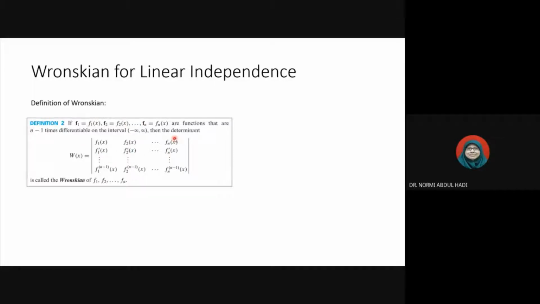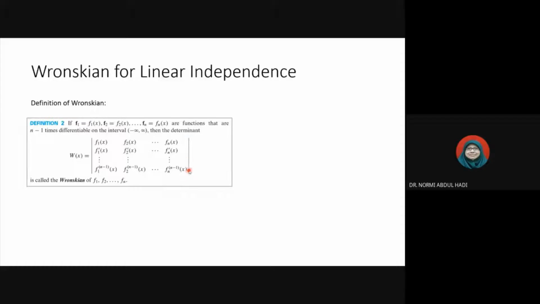If you have four functions, f1, f2, f3, f4, the first row is the functions, and the second row is the first derivative of the functions. If you have n functions, you differentiate n minus 1 times. If you have three functions, you differentiate twice. If you have four functions, you differentiate three times.